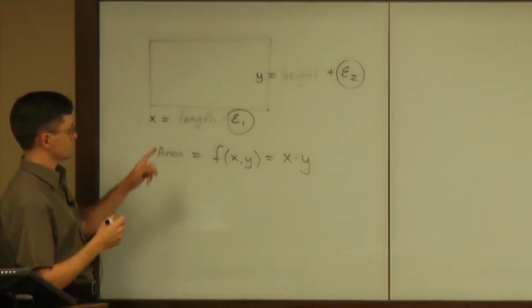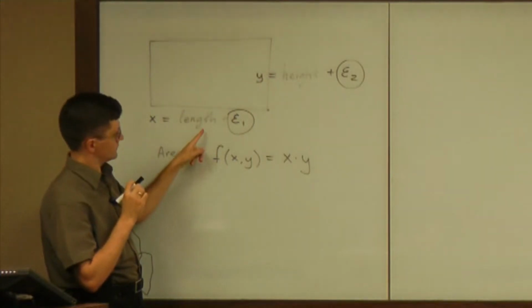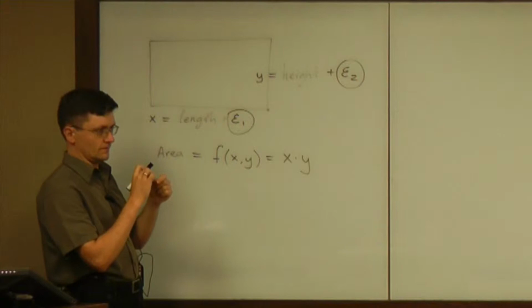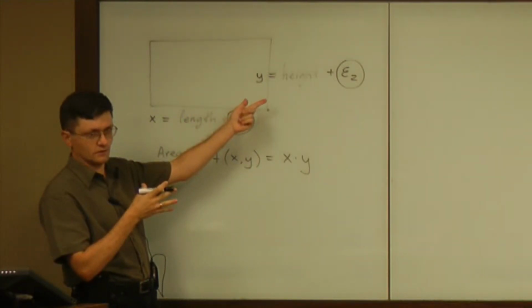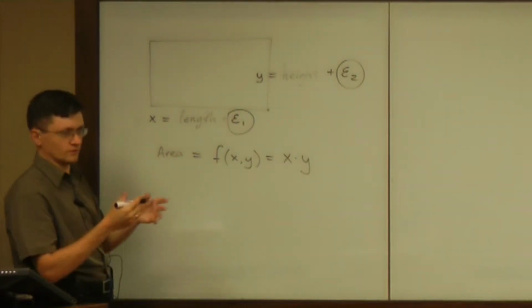And then I'm really interested in computations that happen very close to some actual values of length and height. And I don't know those values exactly. But I probably have a rough idea of what those values are.